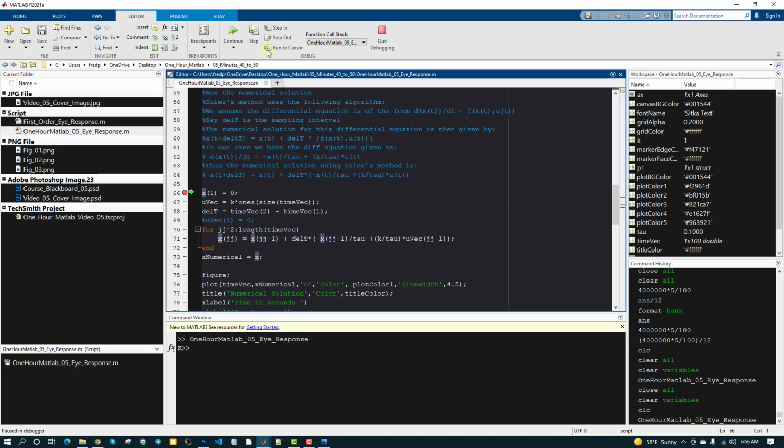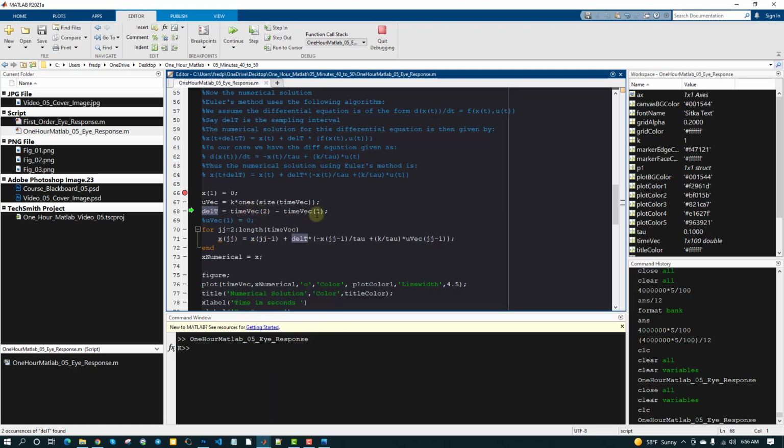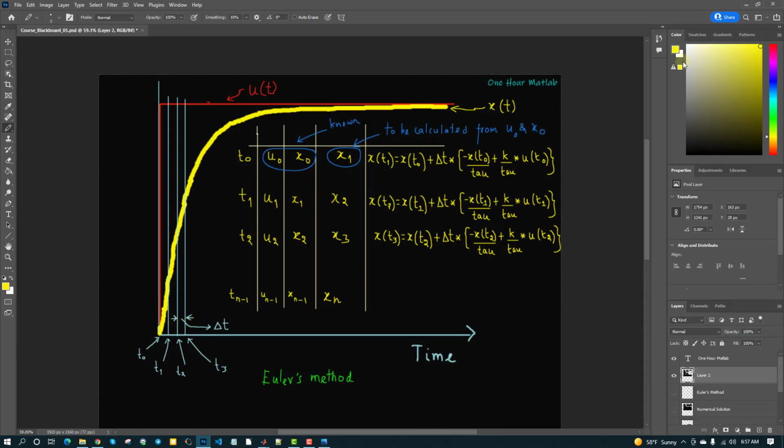So we are creating the u vector, which is the system input stimulus. And delta t, we talked about it. It is the difference between successive time instances, and we take the second element in the time vector and subtract the first element to get this delta t here.